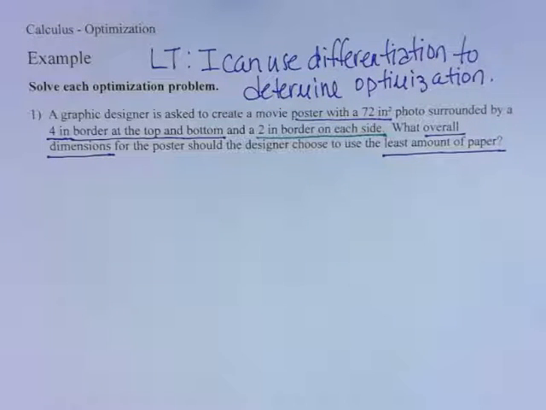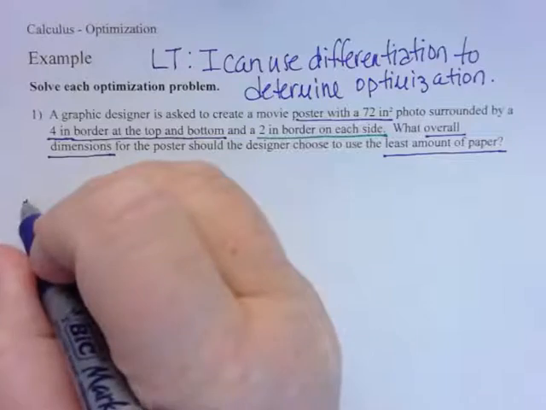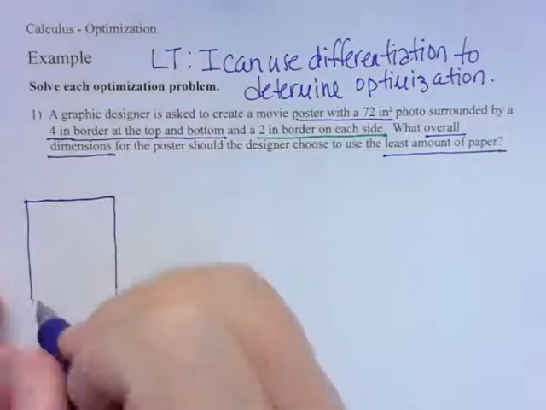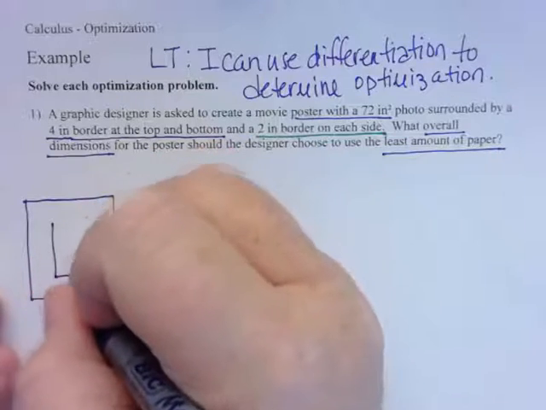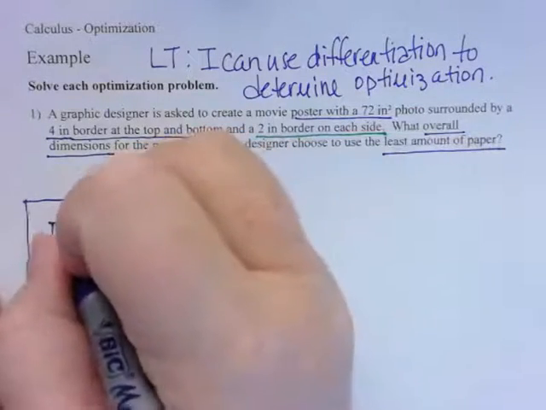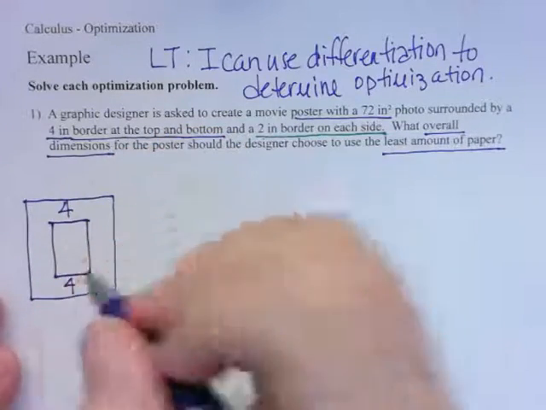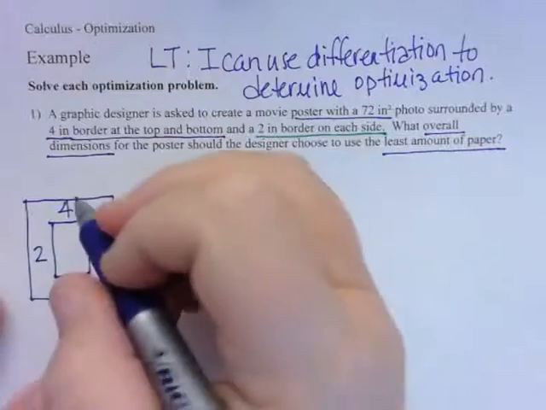The way that I would start this particular problem is I would draw a picture. So I have a poster, and my poster has a photo in it with a 4-inch border at the top and bottom and a 2-inch border at each side.